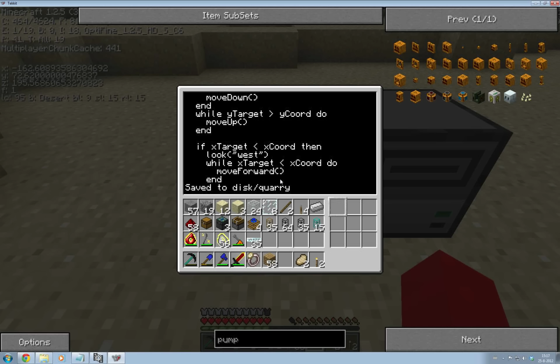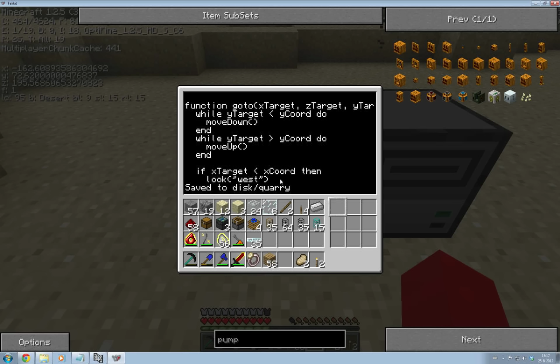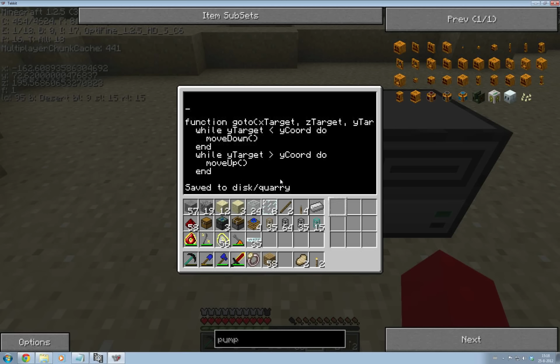There we go. We haven't made this look function yet, so if we run this, it's going to give us a problem. So let's just create that function now.